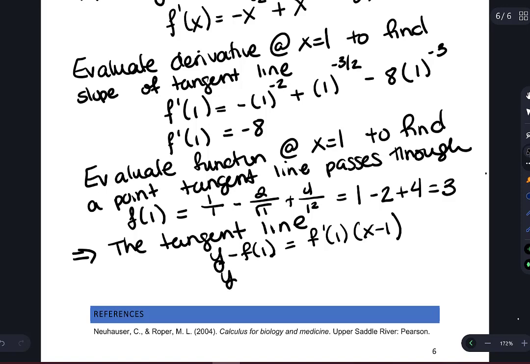And so this gives us y minus 3 is equal to minus 8 times x minus 1. Or we could write this as y is equal to negative 8x plus 11. And that gives us that tangent line.